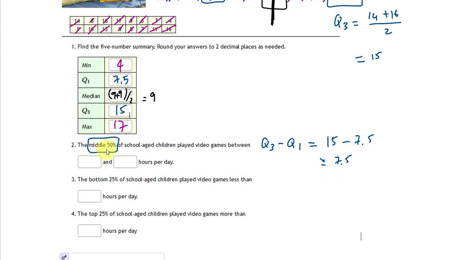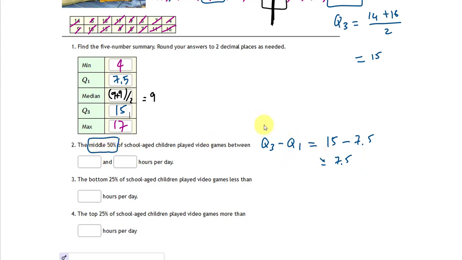And that is your middle 50%. So in the range of 7.5 hours a day, you have 50% of the children that are playing. This is the interquartile range, but they ask you for the interval between, the middle 50%.